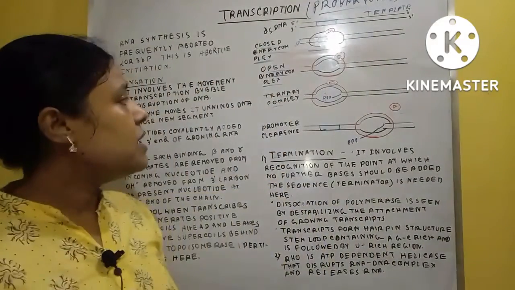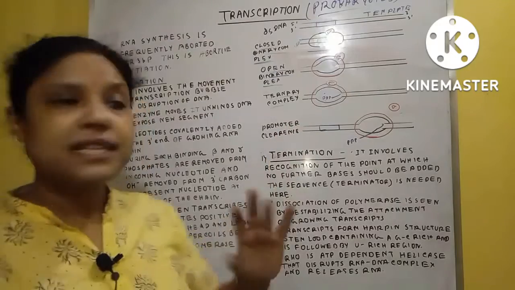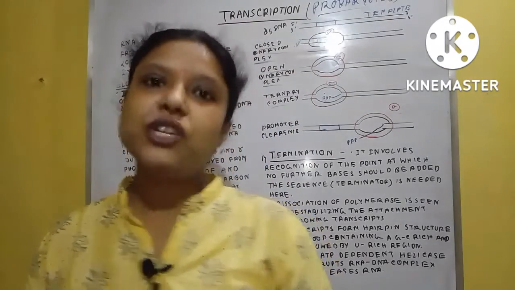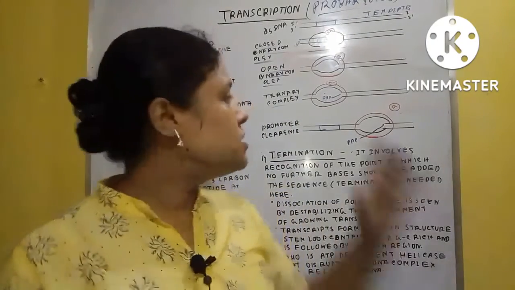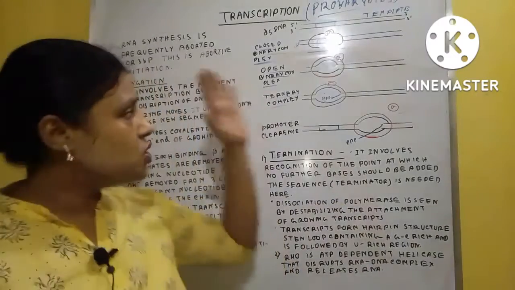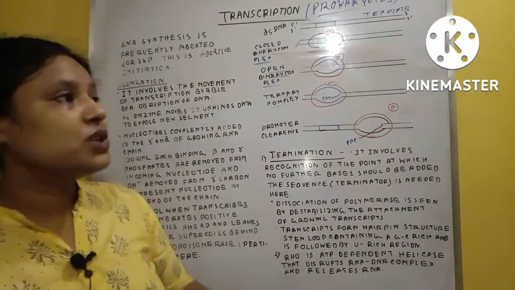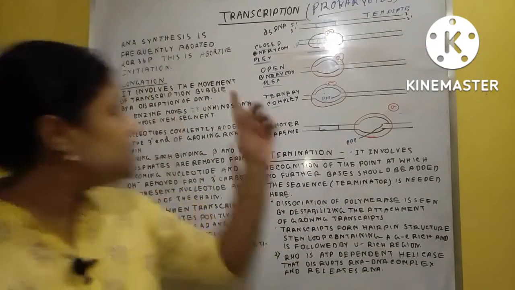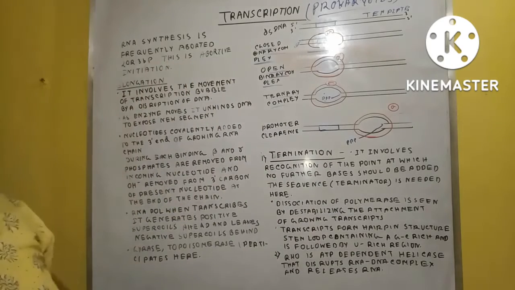Here promoter clearance is important. If the promoter clearance is completely done, you can be sure that the transcription process will continue. If this is not possible, the transcription totally stops, and this situation is called abortive initiation.